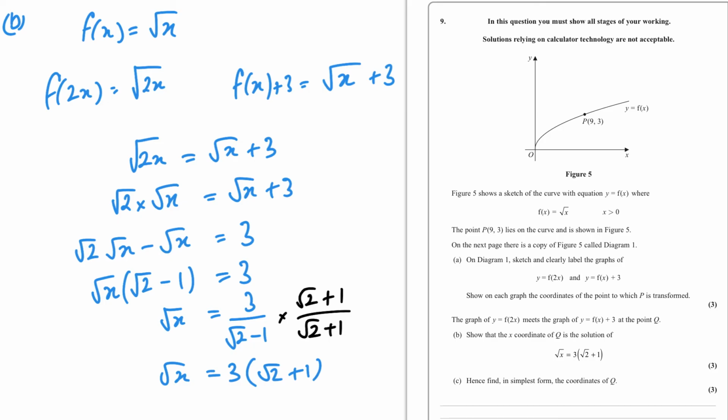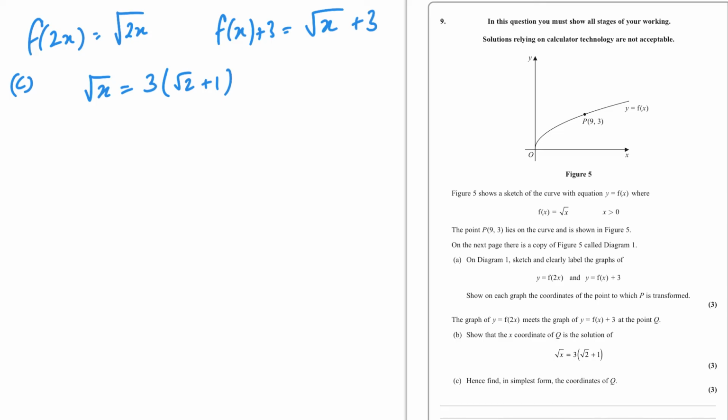And on the bottom I've got root 2 times root 2 is 2, and minus 1 times 1 is minus 1. So this is just my 3 root 2 plus 1, which is exactly what we wanted. So we've got our root x equals 3 brackets root 2 plus 1.